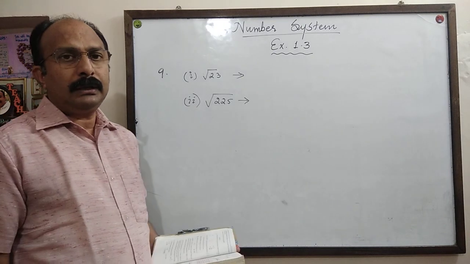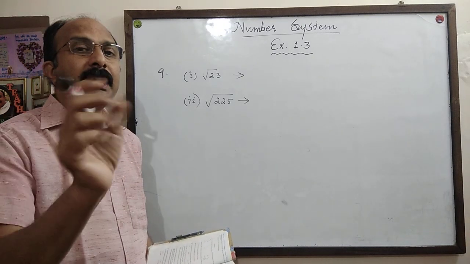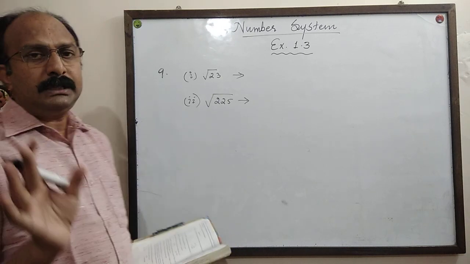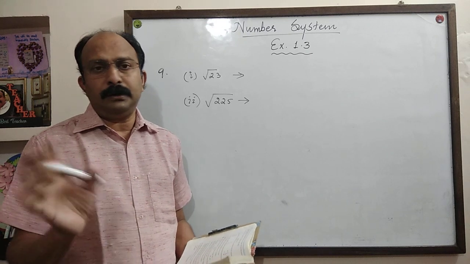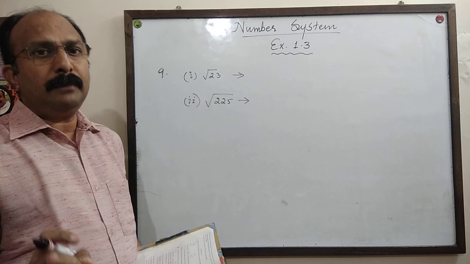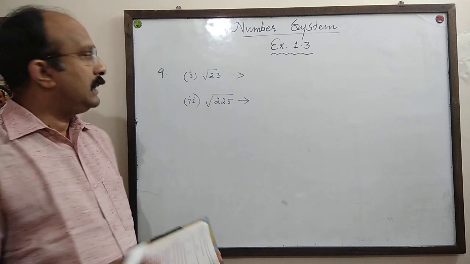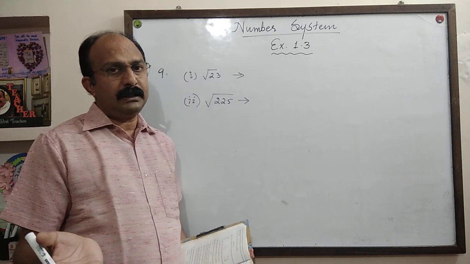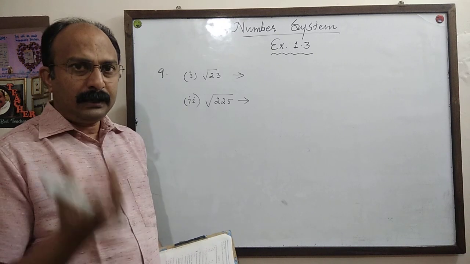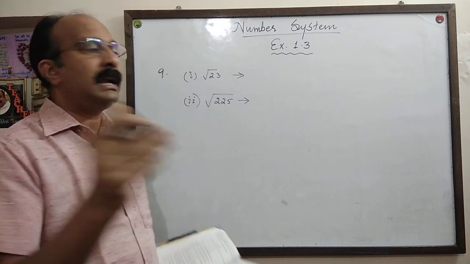Under root 23. All of you know that under root 23 is an irrational number, because 23 is not a perfect square number. Leaving the perfect square numbers, all other numbers under root are irrational. Under root 25 is rational. Under root 16 is rational. So, more than 16, that is 17 to 24, all are irrational.